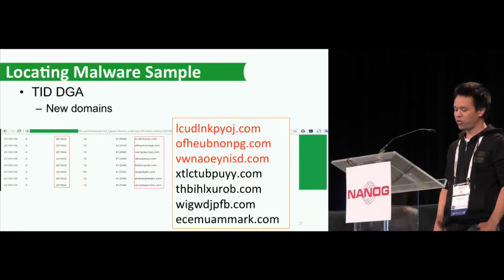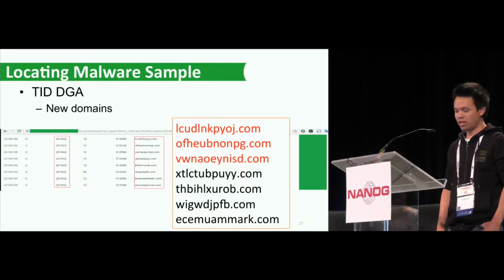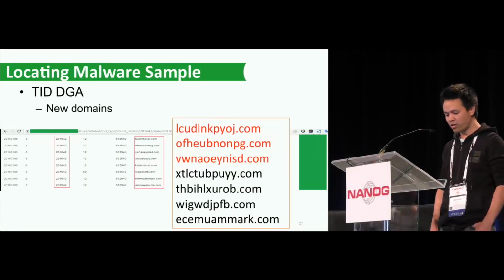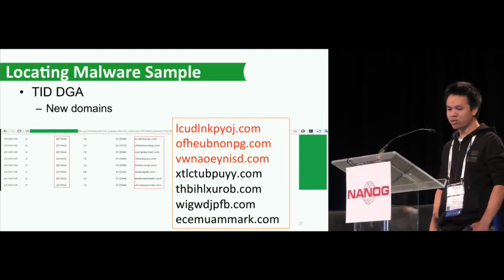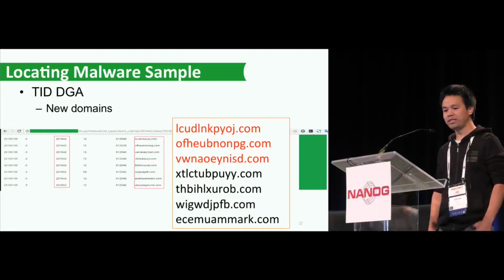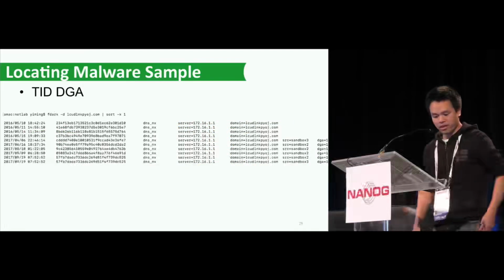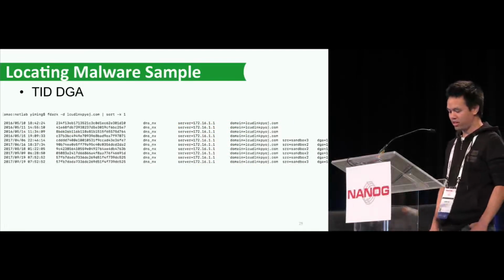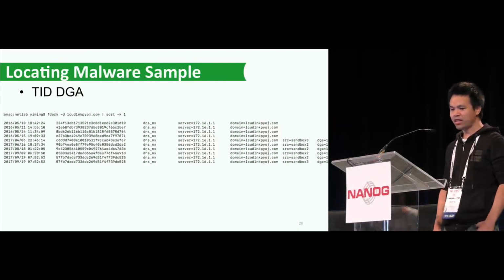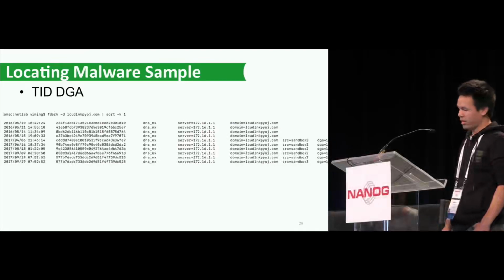TLD is always .com. And as time goes on, the infected clients always query the same FQDNs, so it looks like a TID DGA. Searching the domains in our DNS malware database, we got a bunch of malware.